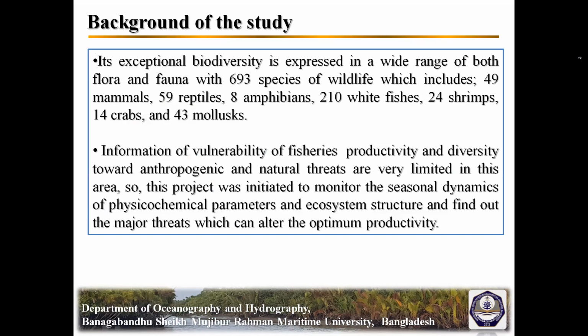Its exceptional biodiversity is expressed in a wide range of flora and fauna, with 693 species of wildlife, which includes 49 mammals, 59 reptiles, 8 amphibians, 210 white fishes, 24 shrimps, 14 crabs, and 43 mollusks.